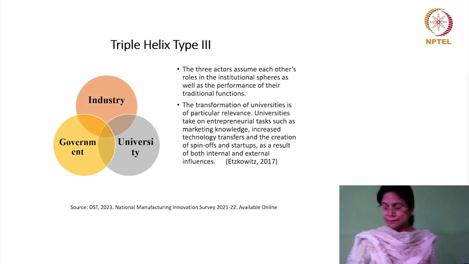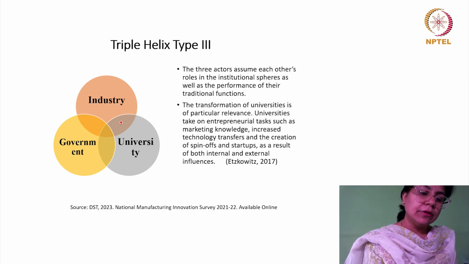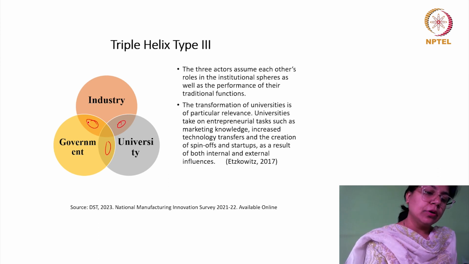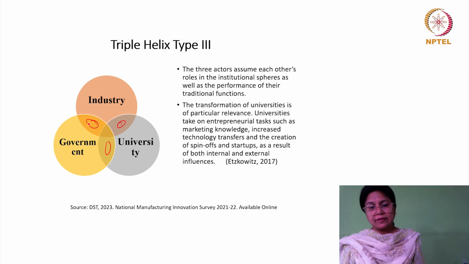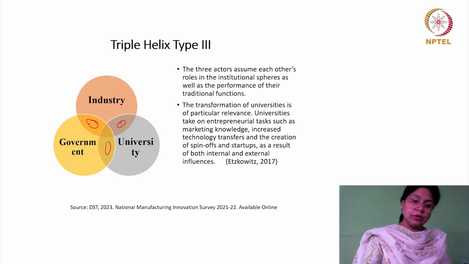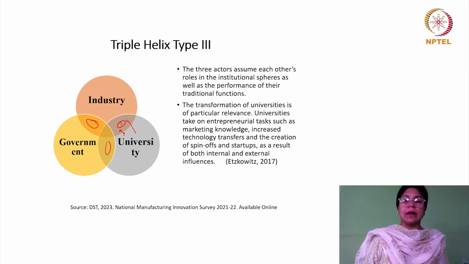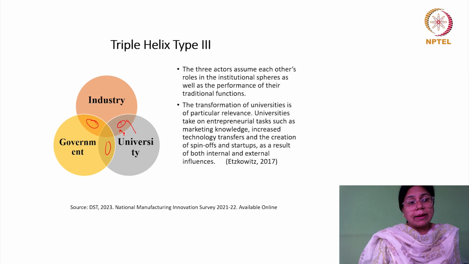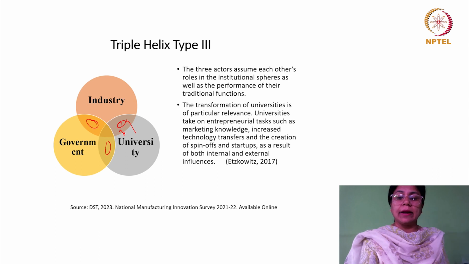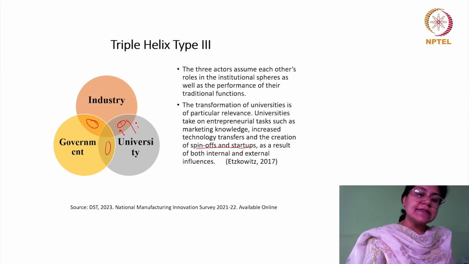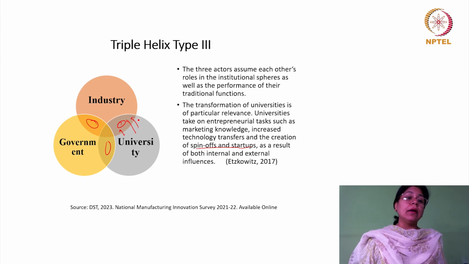Of course the interaction is there, but the university is also engaged in certain activities which may not be primarily its function, like coming up with spin-offs and startups, and as a result there might be overlapping activities.